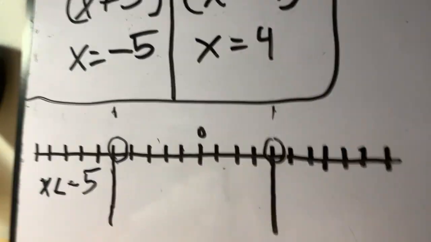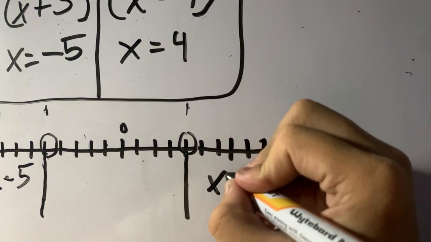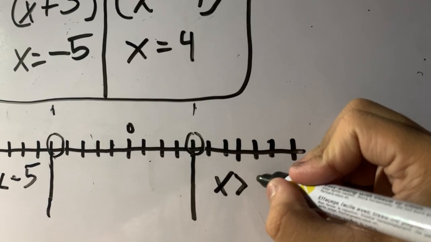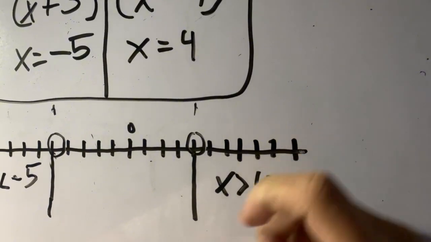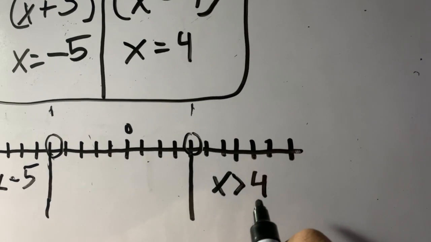So later we'll discuss this one. This one naman will be x is greater than positive 4. So 5 to infinity, they are the x greater than 4.